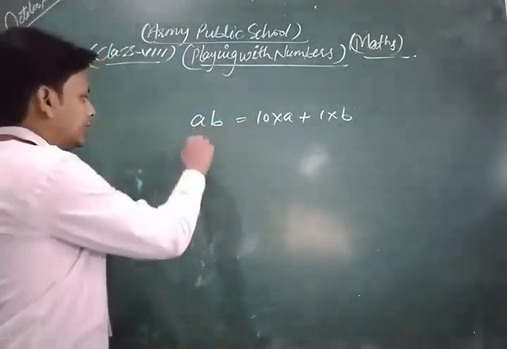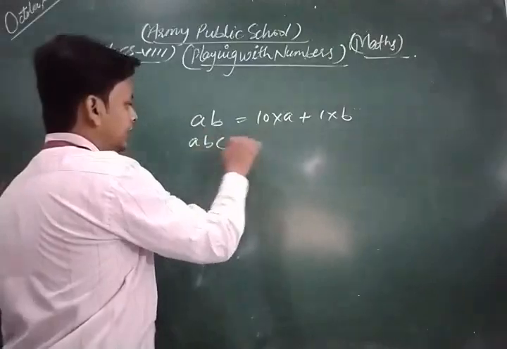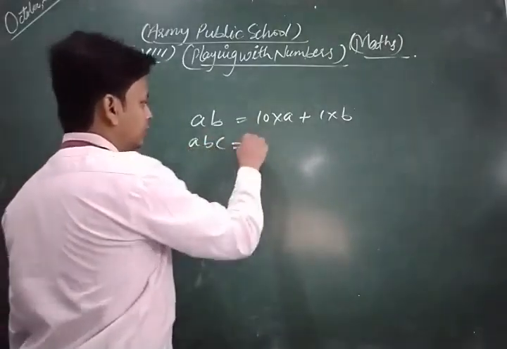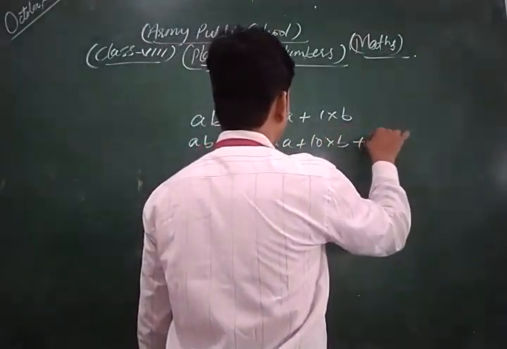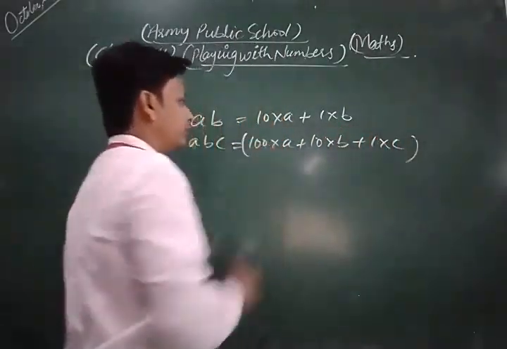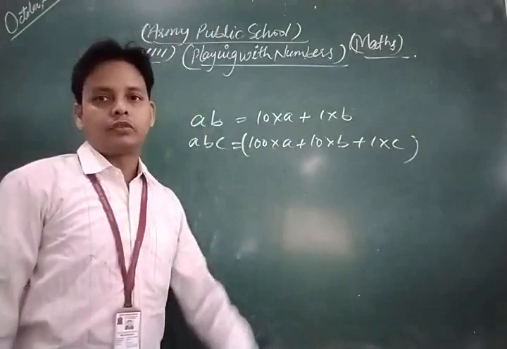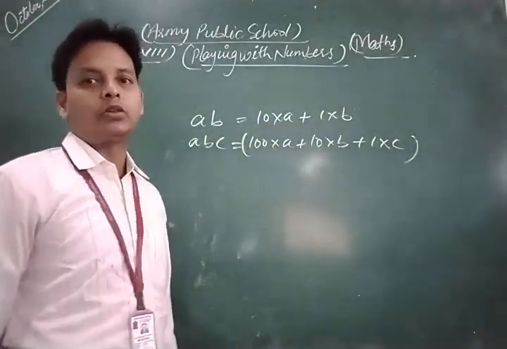Similarly, any three digit number we can write with units, tens, hundreds, so this is 100 into a plus 10 into b plus 1 into c. This is the concept of the generalized form of a given two digit, three digit or four digit number.